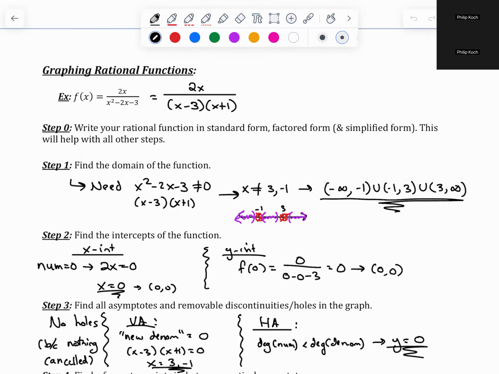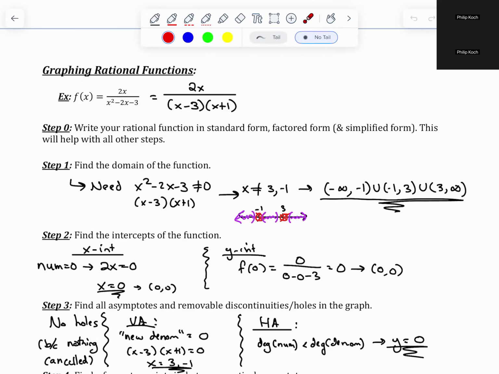So whenever I see one of these problems, I always want to write it in its unfactored form, its factored form, and its simplified factored form, because all three of those formats give me different bits of information. And some are more useful in other situations than others. The factored form is far more useful for finding domain than the unfactored form.